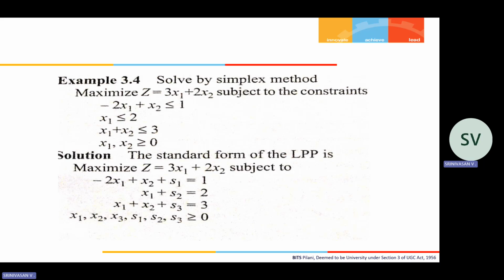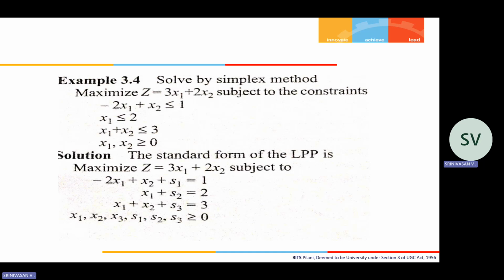Okay, it is already there in the given problem. So we can just go about rewriting the given LPP in the standard form. So minus 2x1. The coefficient of x1 can be negative. So that's not a problem. Minus 2x1 plus x2. Since it is less than or equal to, it should be of the type plus s1 equal to 1. x1 less than or equal to 2.